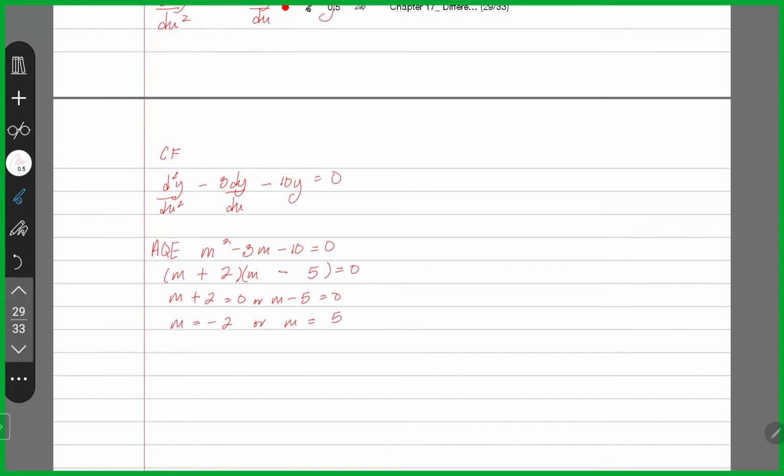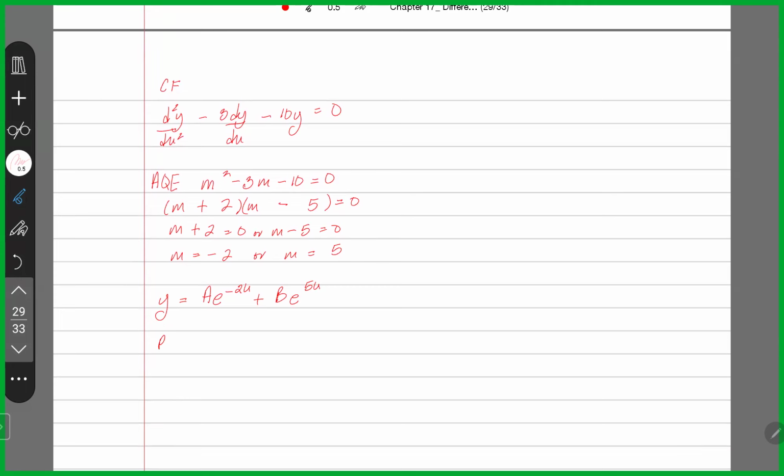And so the solution of the auxiliary quadratic equation would be y is equal to a e to the minus 2u plus b e to the 5u. We need also the particular integral, PI.